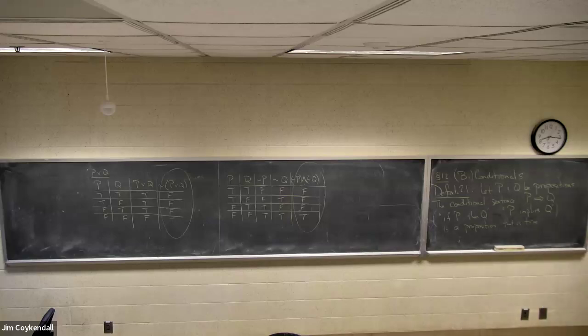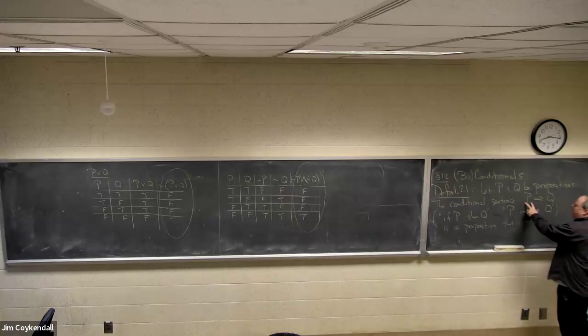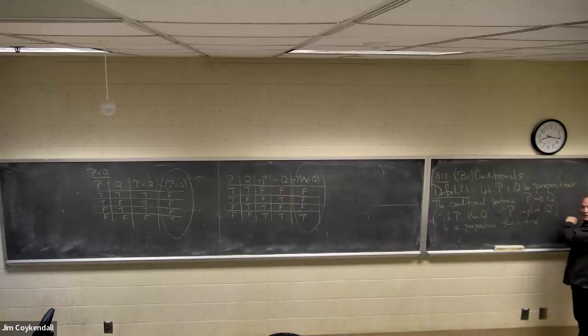If P is true, well, what if my statement was something like this? Let me think of something that's true. 2 + 3 = 5 implies that all politicians are Republicans. Does that seem like a true statement?